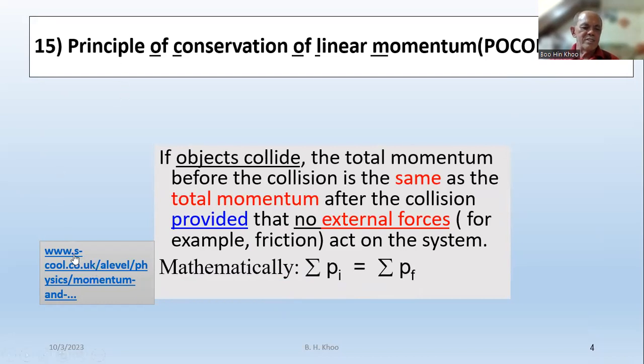Mathematically, we can summarize: sum of initial momentum equals sum of final momentum.